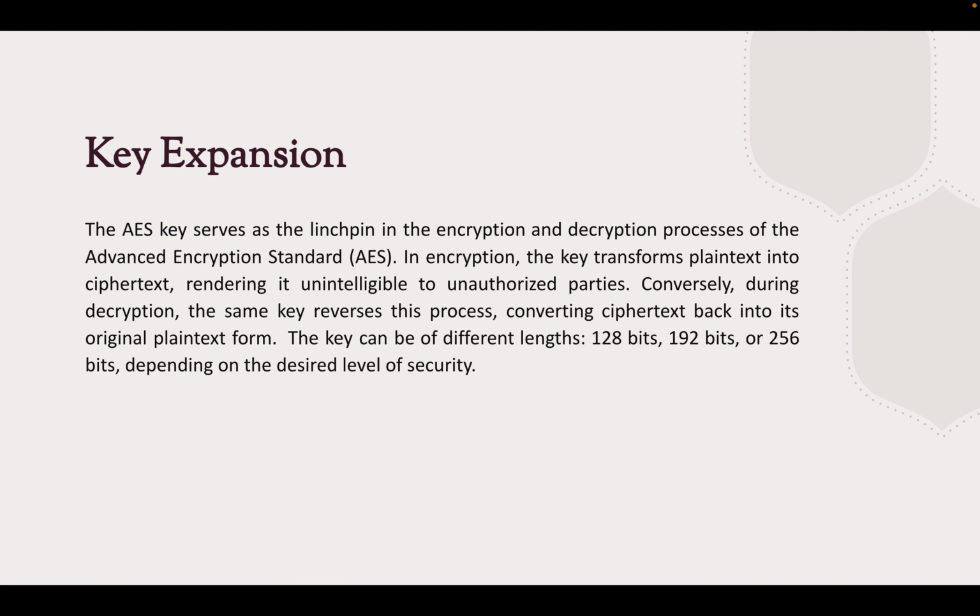Conversely, during decryption, the same key reverses this process, converting ciphertext back into its original plaintext. The key can be of different lengths: 128 bits, 192 bits, or 256 bits, depending on the desired level of security.